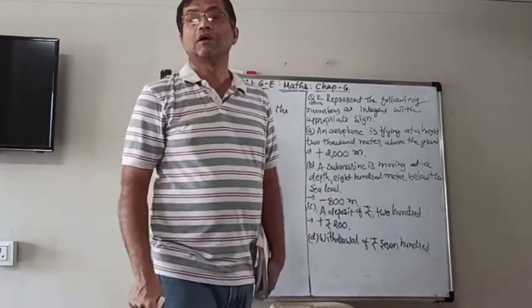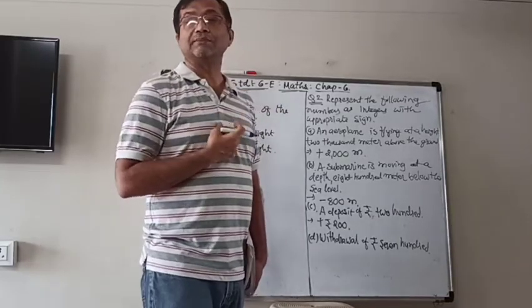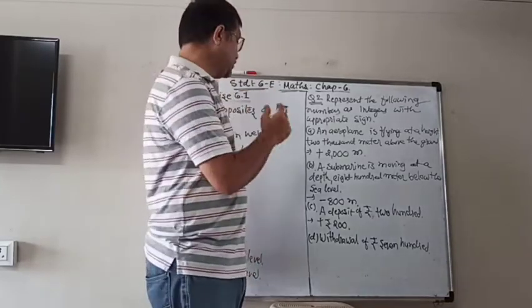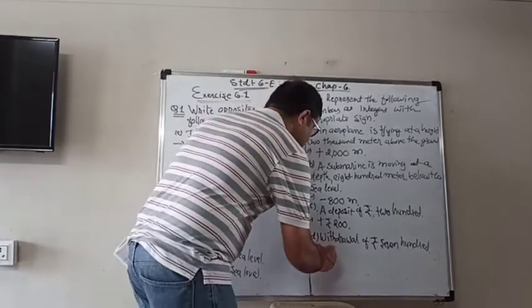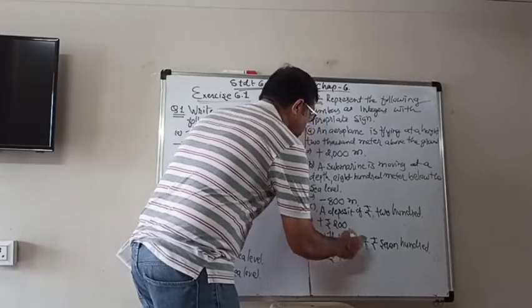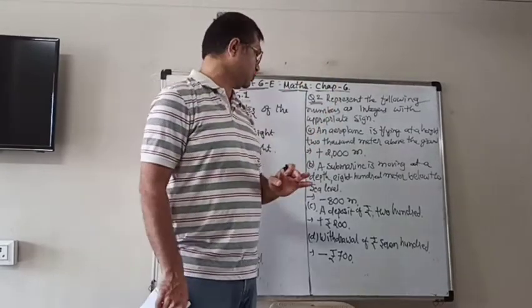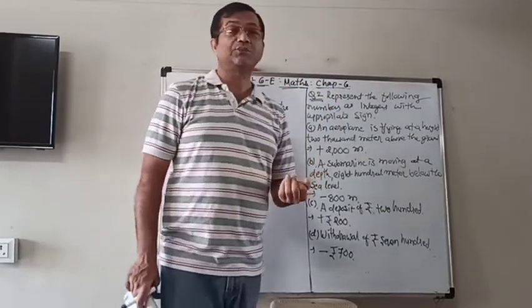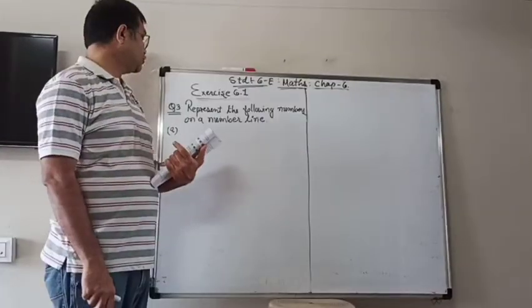We have to withdraw the money, and it means that we have to take it as negative. So it will be minus rupees 700. So according to the situation, above, below, deposit, withdraw, etc., we have to put the plus and minus sign with it.